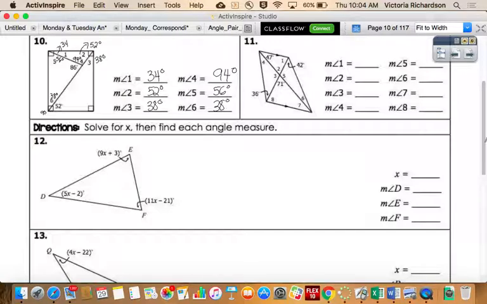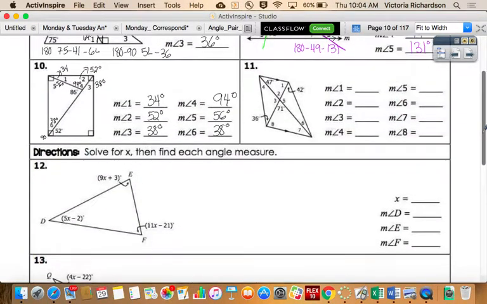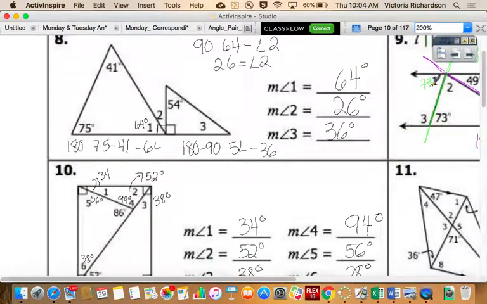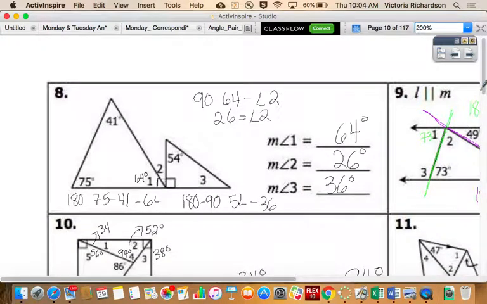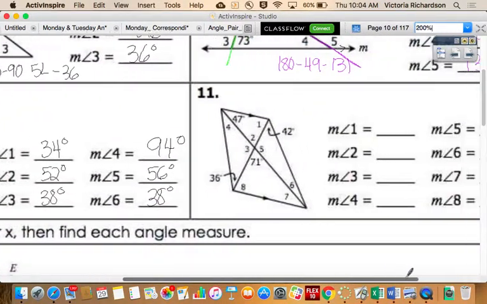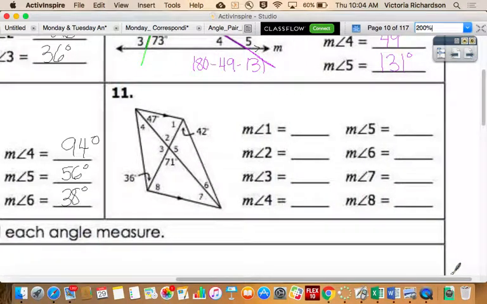Alright, so let's look at number 11. I'm going to make the screen a little bigger so we can see it easier. Okay, so this angle right here, this is a 7. So that is 47 degrees. And so we got to remember, there's a lot of missing parts in this.